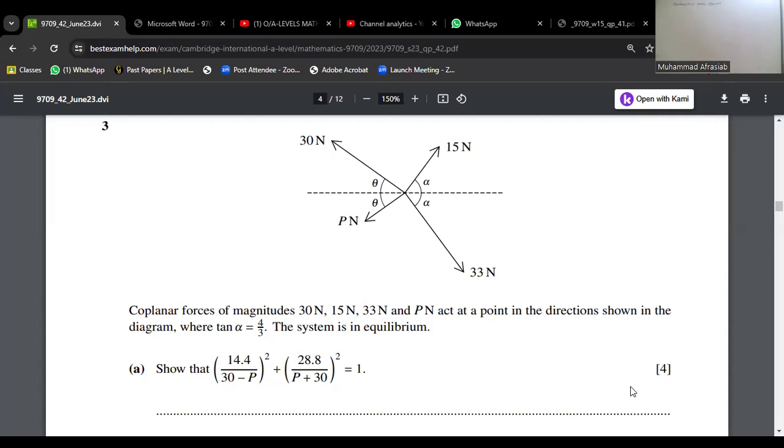The system is in equilibrium. Show that 14.4 over (30 minus P) whole square plus 28.8 over (P plus 30) whole square is equal to 1.